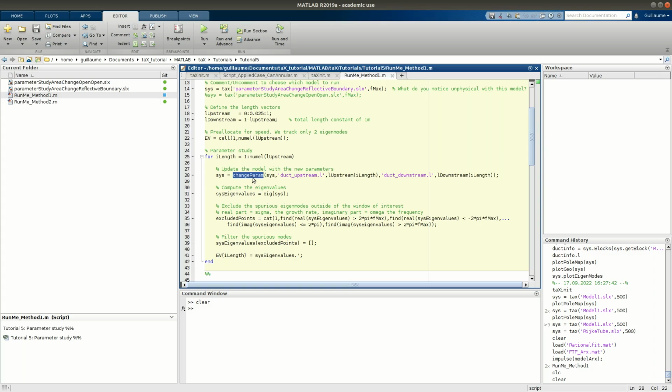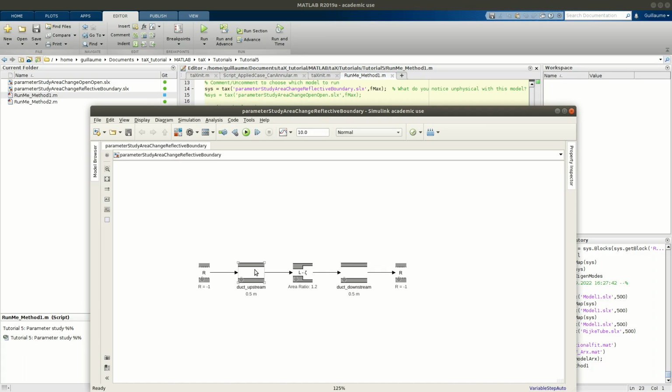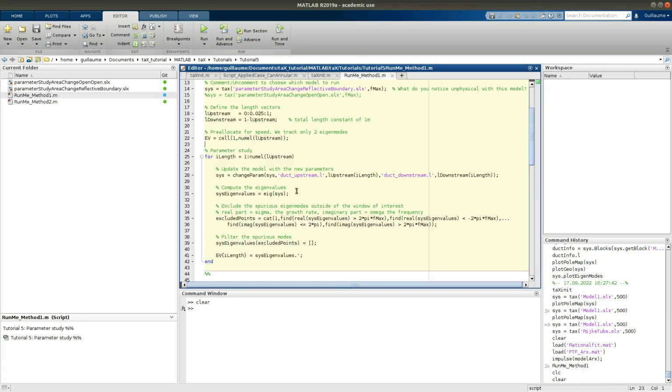We want to change the parameters of this, which is our TX model, and the naming is important here. The naming in your model when you set up your network at the beginning: if you want to use explicit names, it can be useful, especially for these cases of changing parameters.